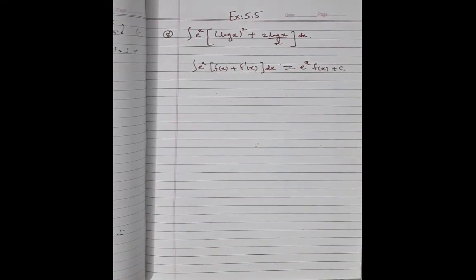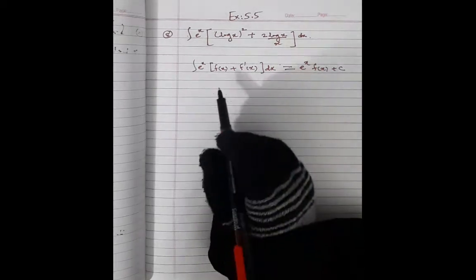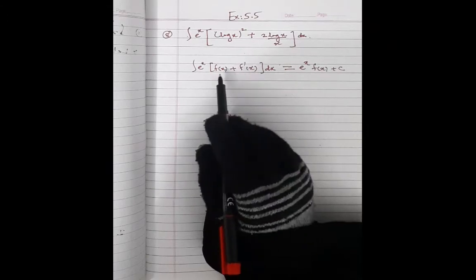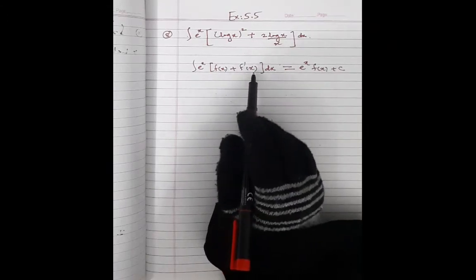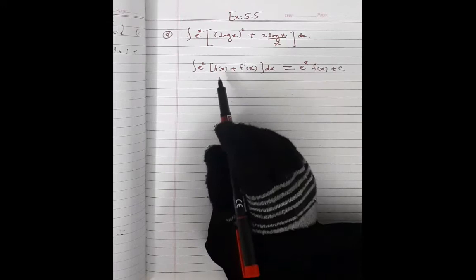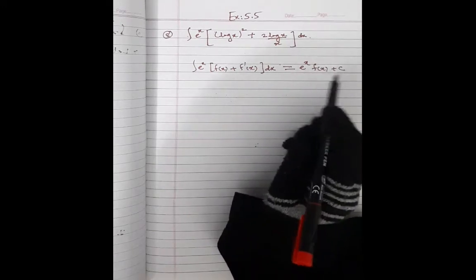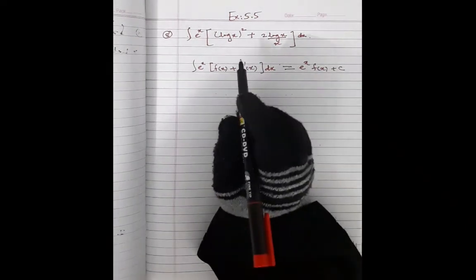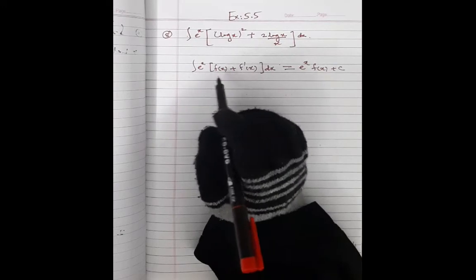Whenever the integration comes in this form, e raised to x into f of x plus f dashed x, meaning the function plus its derivative, then our integration is e raised to x into f of x plus c. So today we will do questions based on this type.